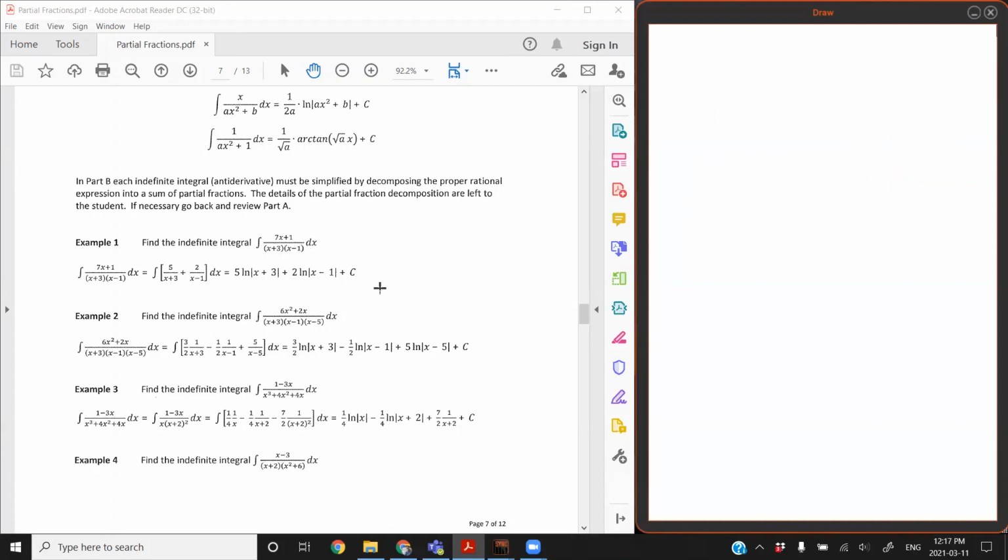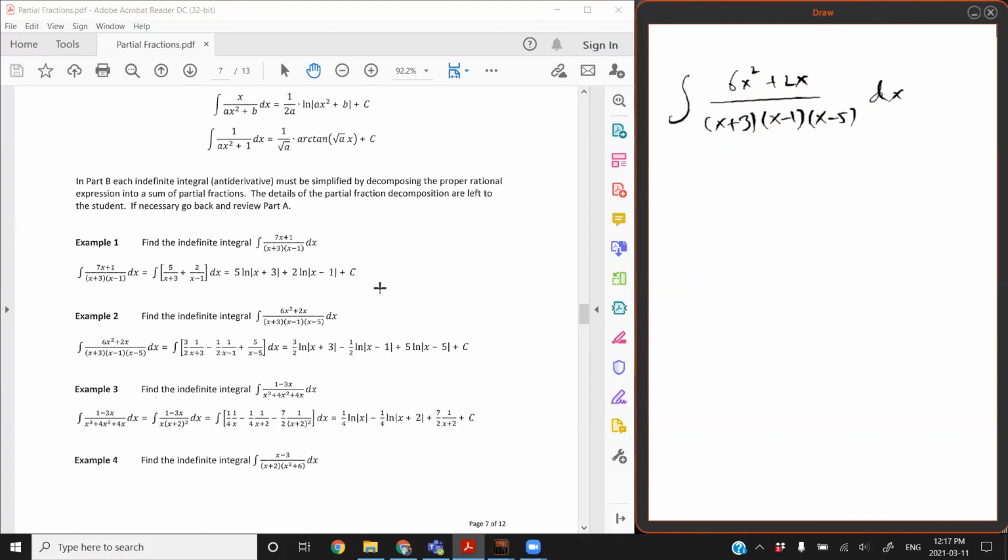Next example. Here you have another rational expression. It's a proper rational expression because the degree of the numerator is 2. The degree of the denominator is going to be 3 because you have the product of these 3 linear factors: x plus 3, x minus 1, and x minus 5, dx.